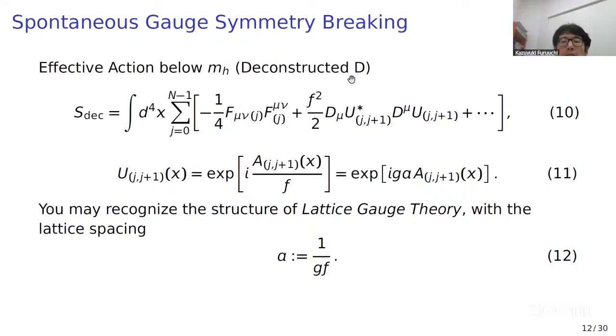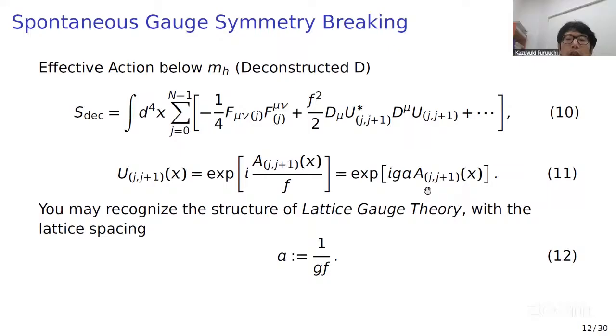Then the effective theory is described by the link field, which is a U(1) unitary matrix, a one-by-one number, and you can write it as exponential of i a F. So F is a Hermitian, actually just a real field.